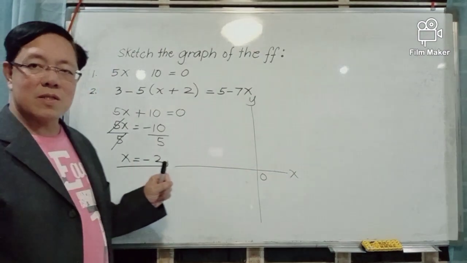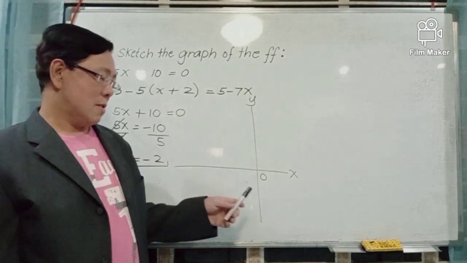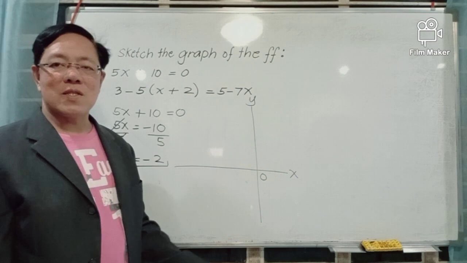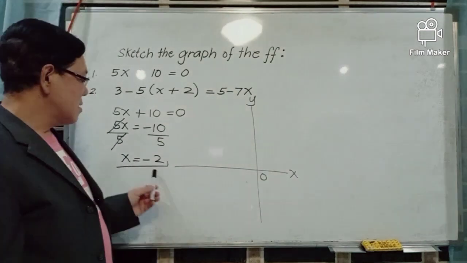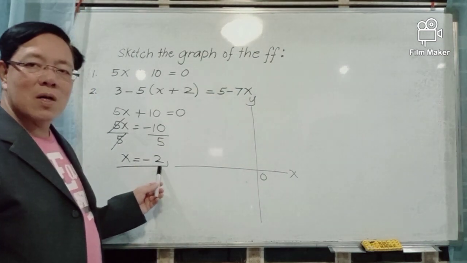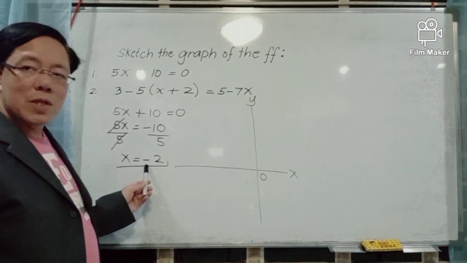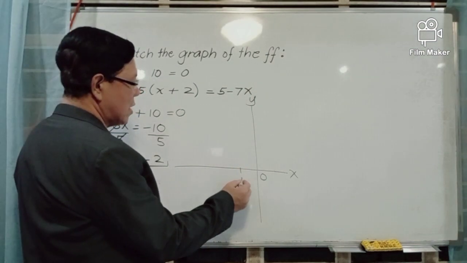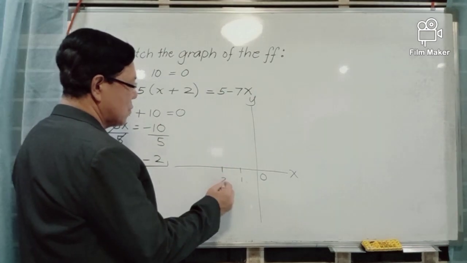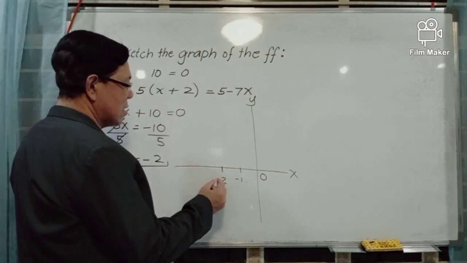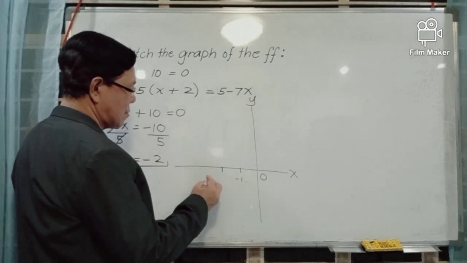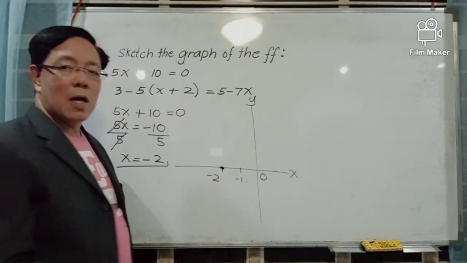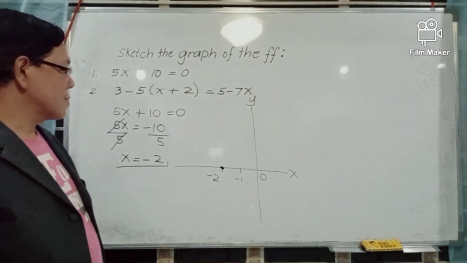And negative means that the point on the x-axis is to the left of the y-axis, or vertical axis. Thus, you count 2 units from the origin to the left. I will use 1 unit intervals: 1, 2, negative 1, negative 2. This is the point x equals negative 2.